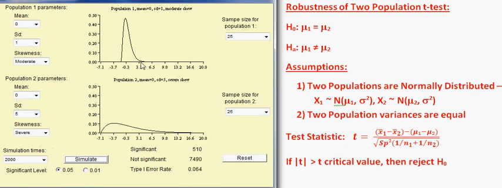So even though both assumptions are violated here, if I increase my sample size, then the true type 1 error rate is going to be closer to the planned significance level of 0.05. Okay, so in summary, if the assumptions are not true, then the true type 1 error rate is not going to be exactly equal to our planned value of alpha. Thank you.